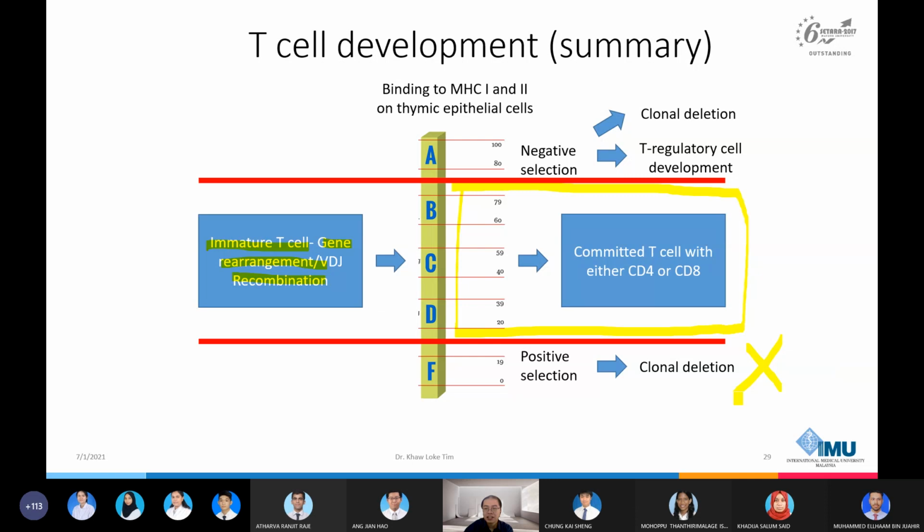The rest are killed. For positive selection, they are killed. Negative selection, they are killed. But some of them survive to become Tregs, and these Tregs will do their work in peripheral tolerance. So hopefully with this, you roughly know the idea behind positive and negative selection.